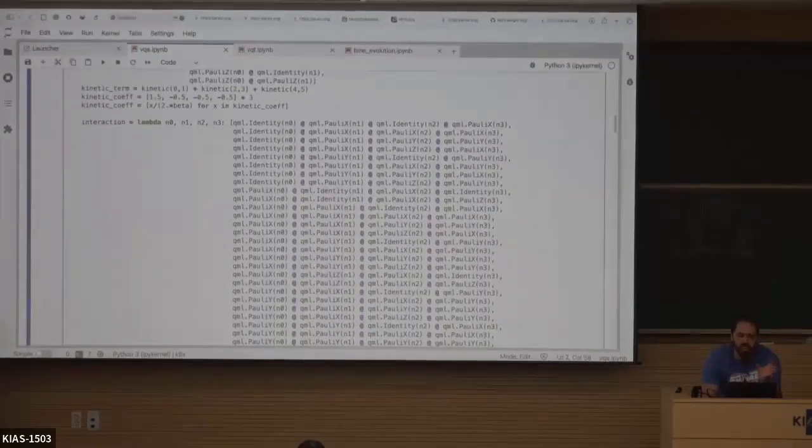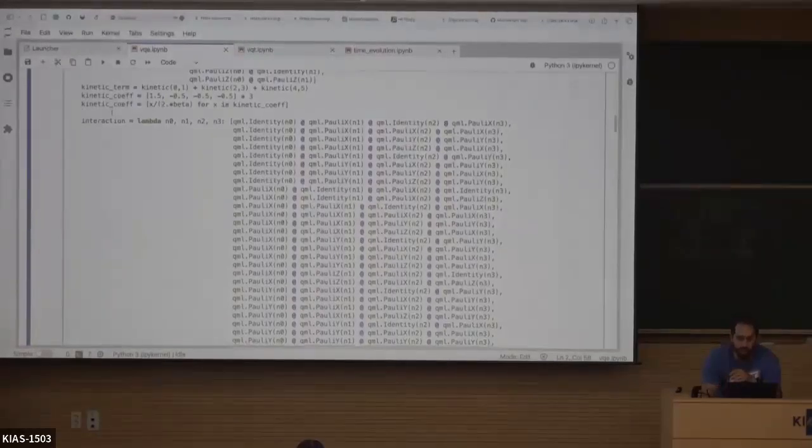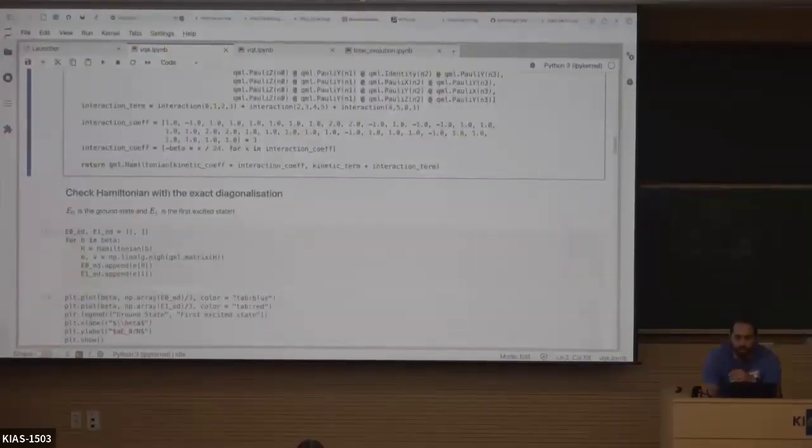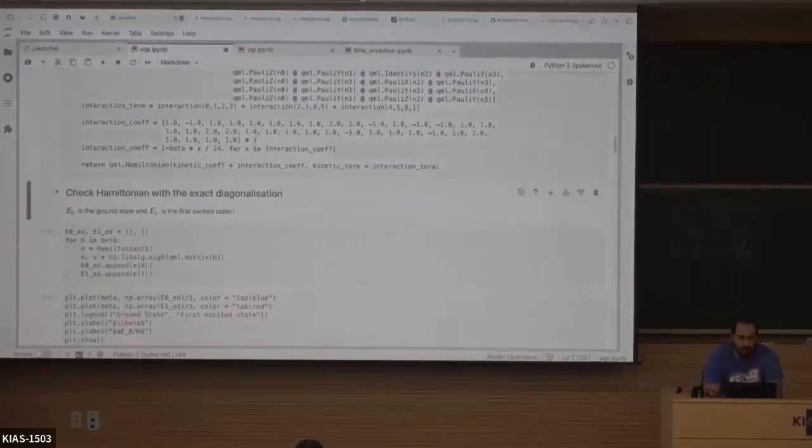You need to separate the coefficients from the interaction terms. So when you write it as a QML Hamiltonian, it has coefficients for each term. If you're adding a plus sign, you have to separate the coefficients into this coefficient list, and then you have the kinetic and interaction terms. Okay, that's all I'm doing. It's not really magic.